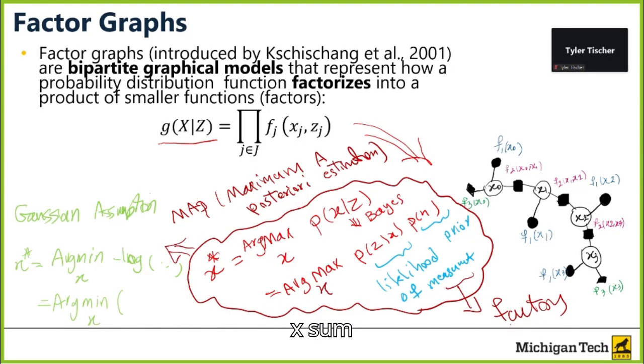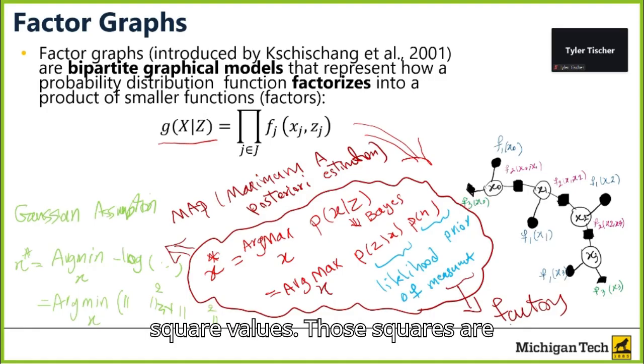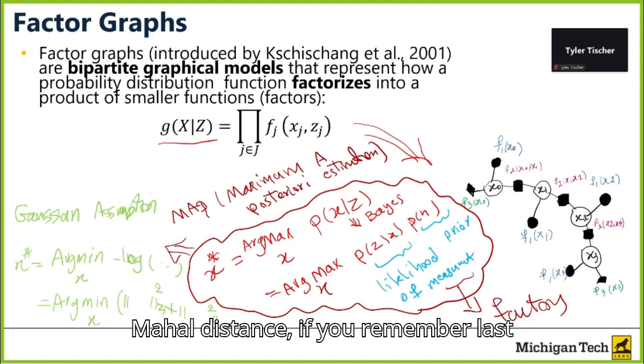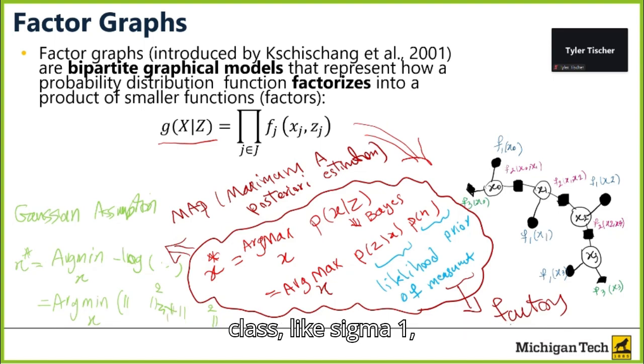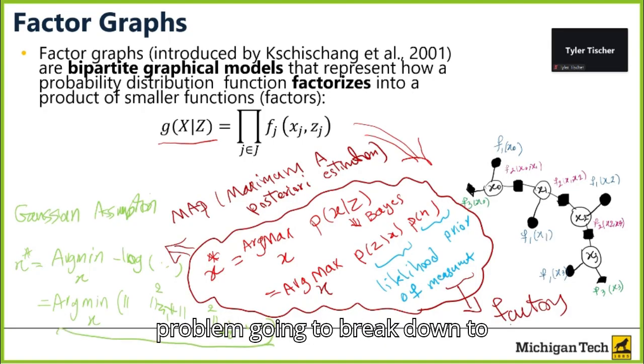x sum of square values. Those squares are Mahalanobis distances, if you remember from last class, like sigma 1, sigma 2, and so forth. And the problem is going to break down to minimization of a sum of squares.